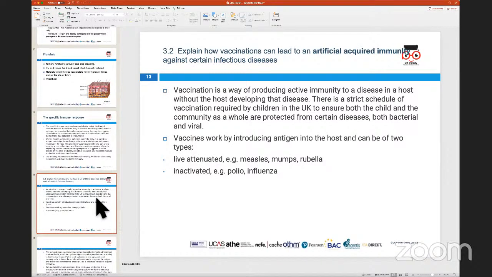Now, with that understanding in mind, vaccination is a way of producing active immunity to the disease in a host without developing the disease. This is done through vaccination, which is administered to humans.